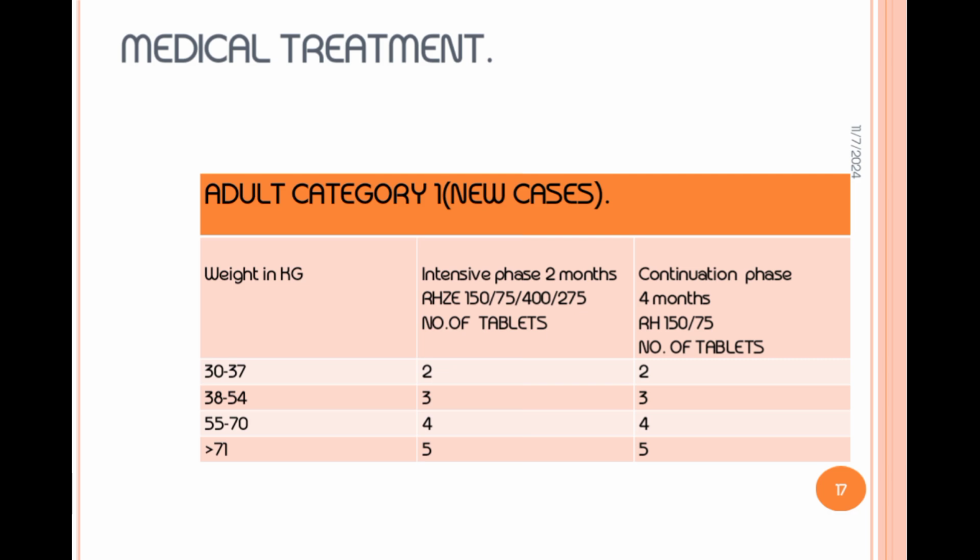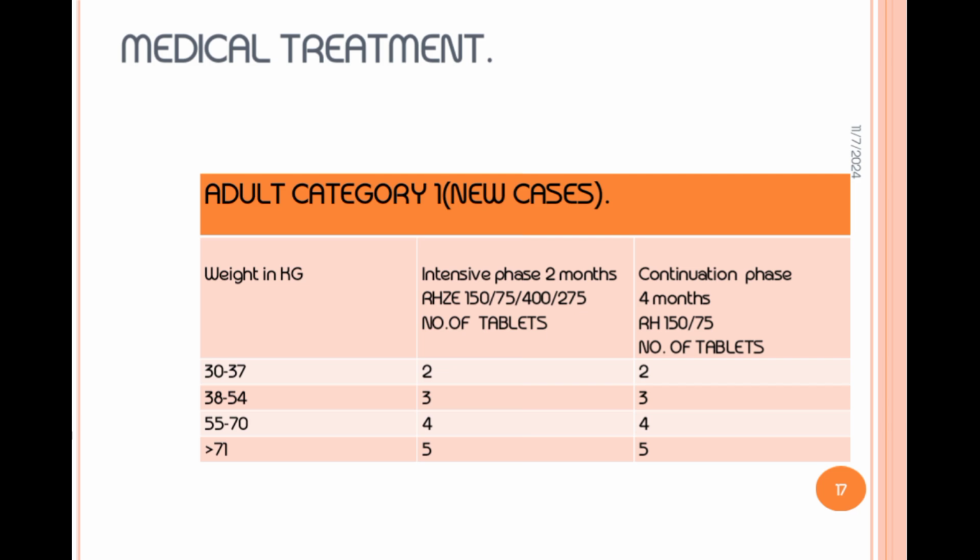Now, what is the medical management for tuberculosis? Understand that we use the 4 FDCs, which are the 4 fixed drug combination. The treatment of tuberculosis is in categories: category 1 and category 2.